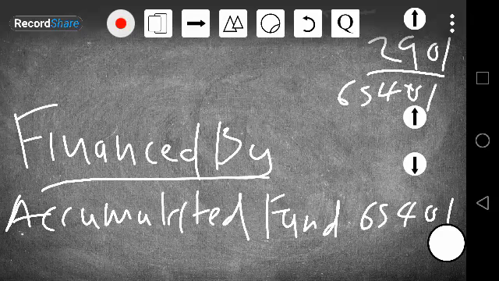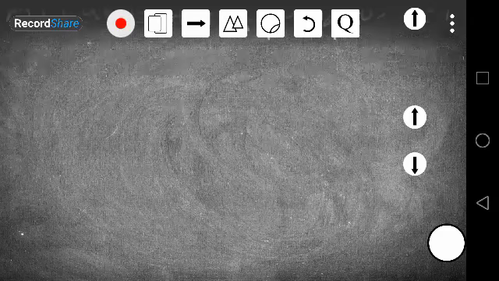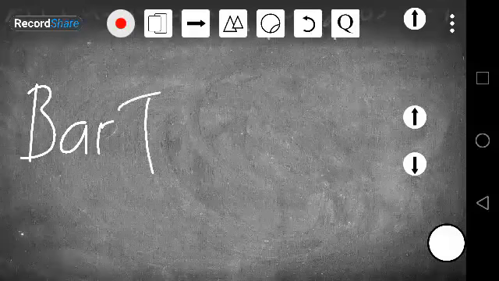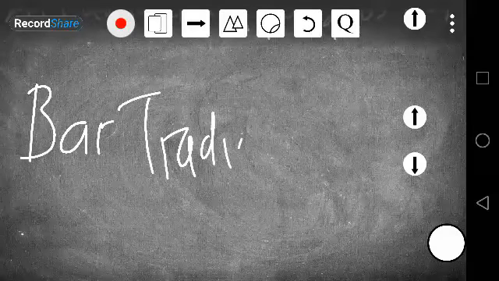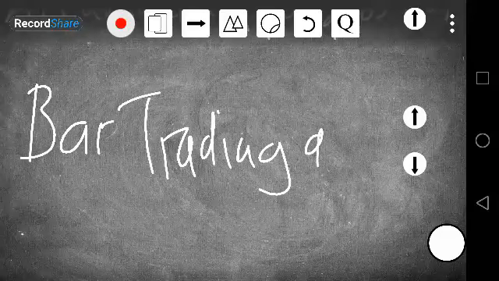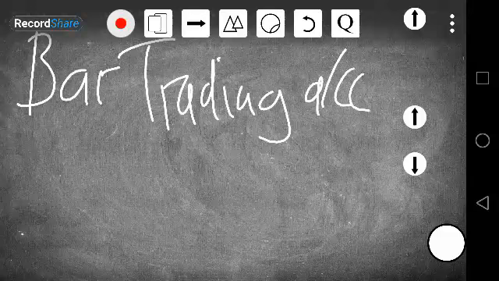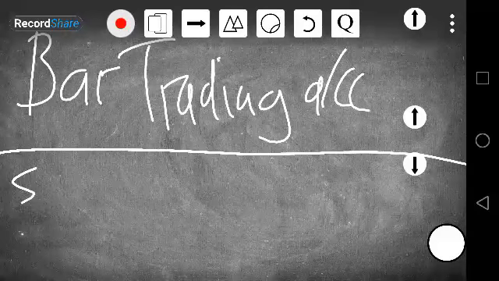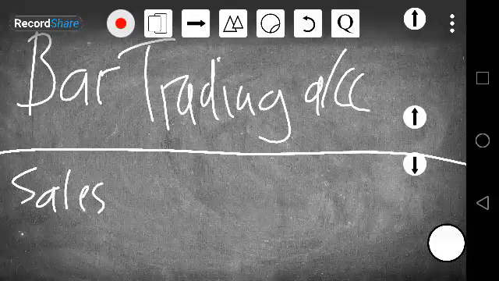Now let us look at the bar trading account. For the bar trading account, we have the sales, which is 61,280.